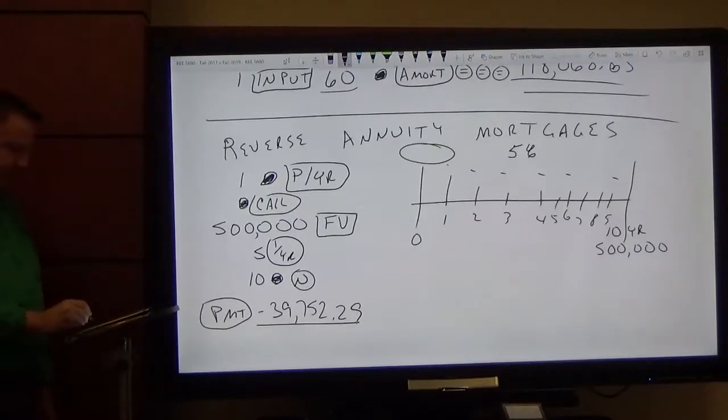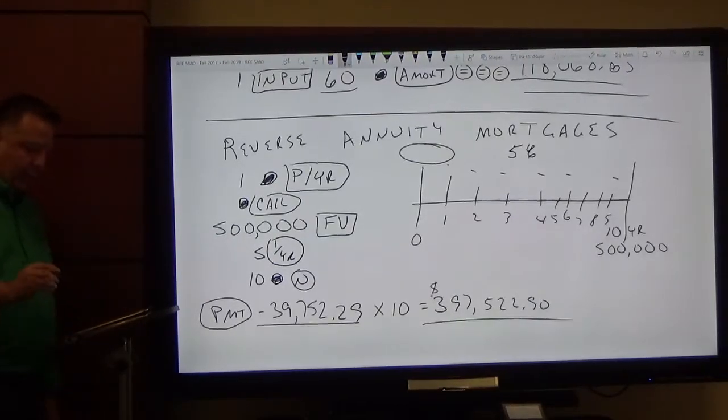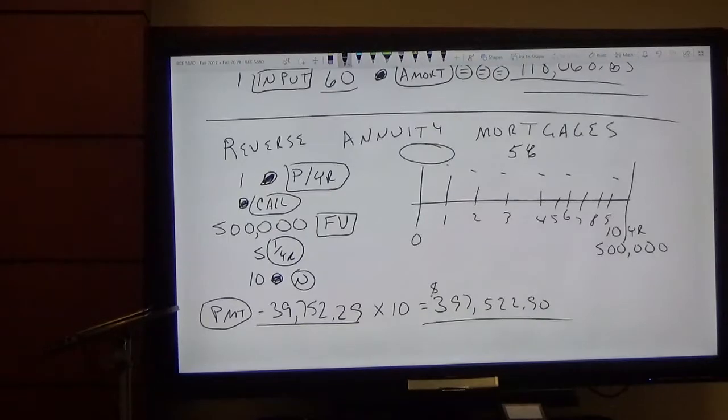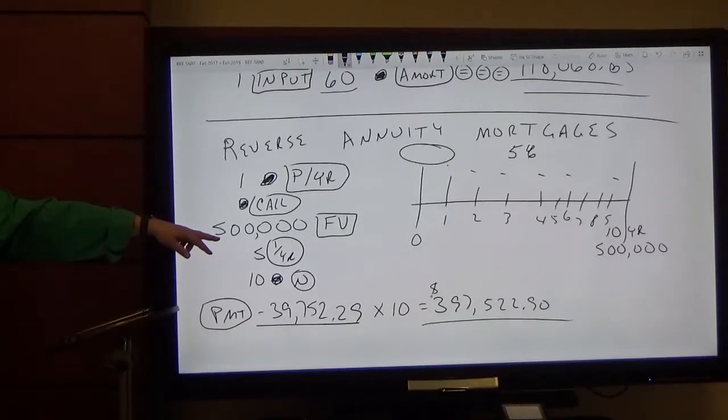So if you just do the simple math on this for a second, that means about $397,522, let's say rounded. So in essence, my $500,000 house, I'm really only getting in hard cash currency $397,000 up front.